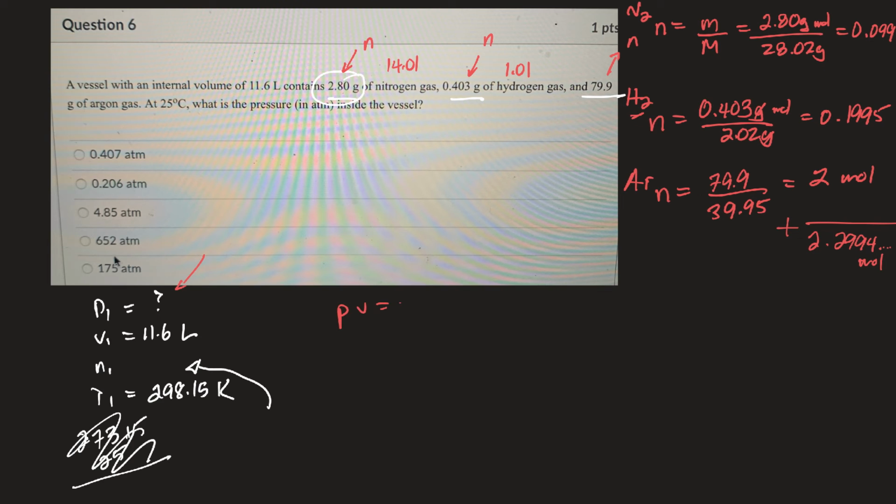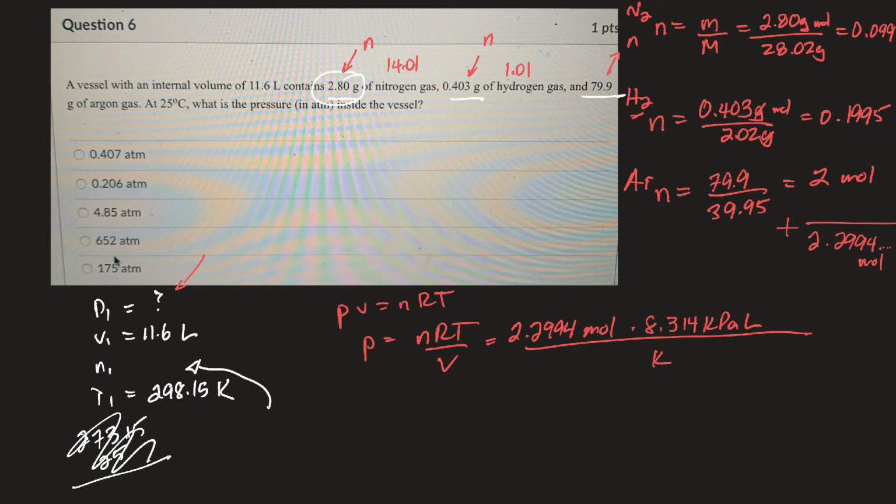So now I can use my PV equals nRT. I'm searching for P, so I'll divide both sides by V. So nRT over volume. So the number of moles is 2.2994, etc. moles, and the number I still have in my calculator, times R, which is 8.314 kilopascal liters per Kelvin mole, times the temperature, 298.15 Kelvin, and divided by the volume, 11.6 liters.